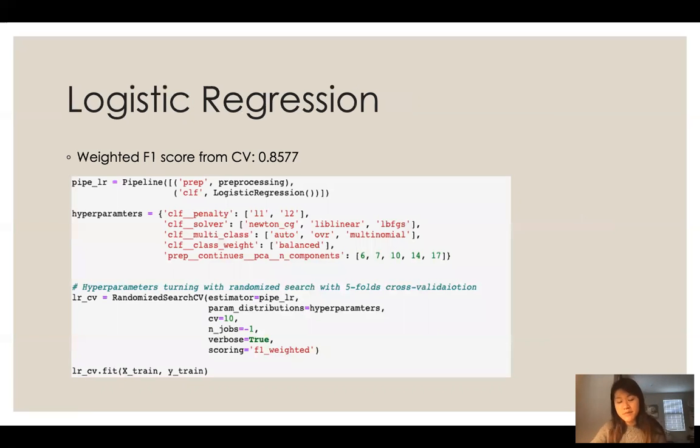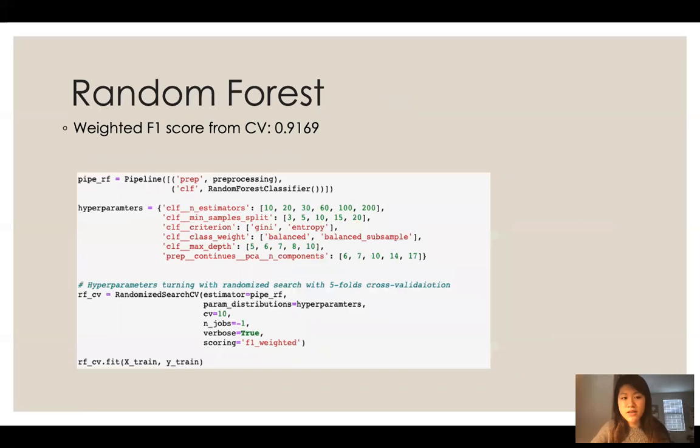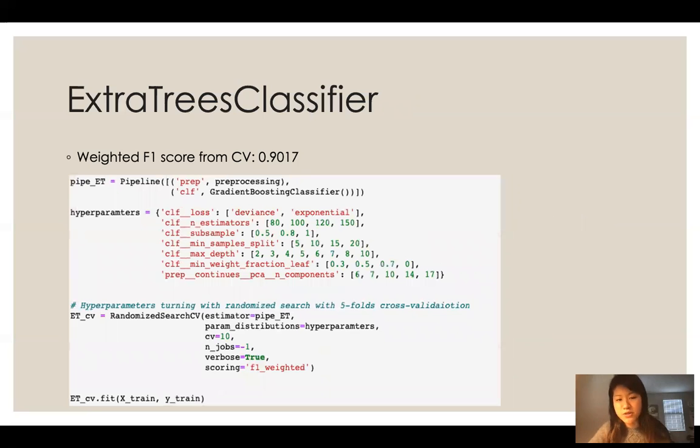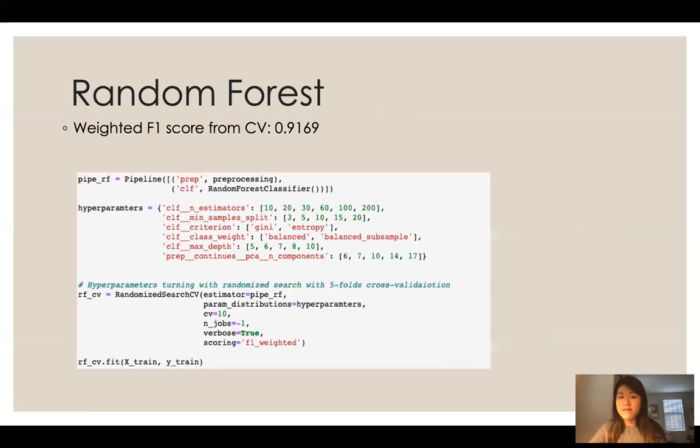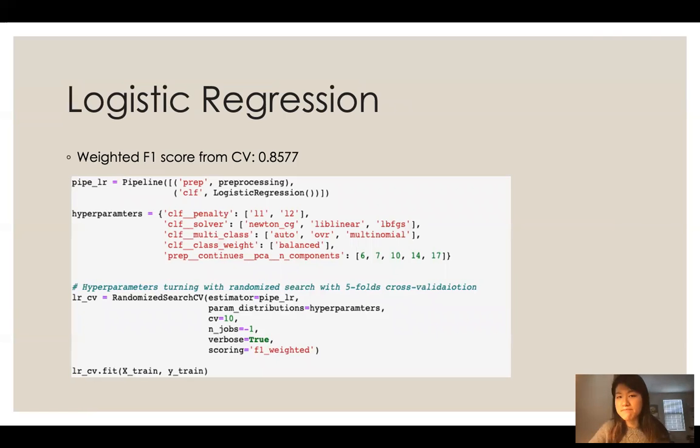And next is the model selection, which is the most exciting part. After splitting the train and test data, I fitted 4 models: logistic regression, random forest, extra tree classifier, and gradient boosting. Since we have a very obviously imbalanced data set, I used a weighted F1 score when I use cross-validation in a randomized search.